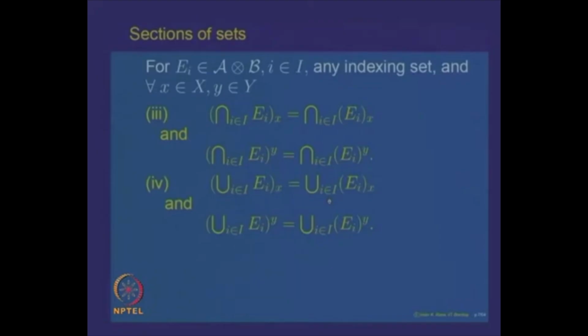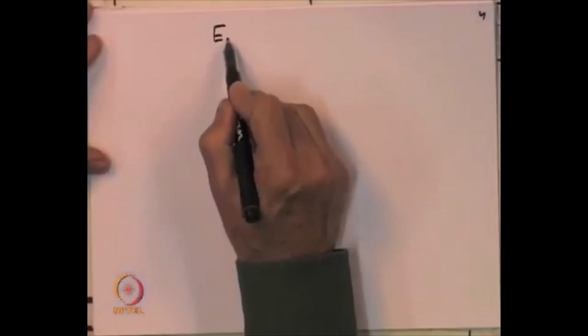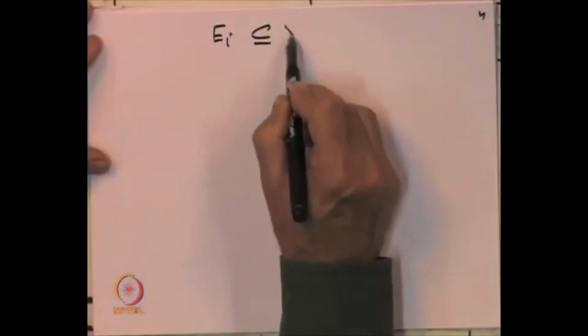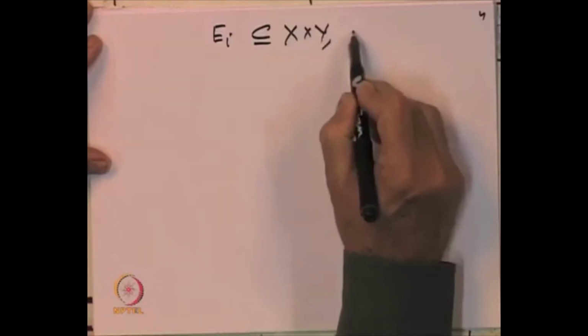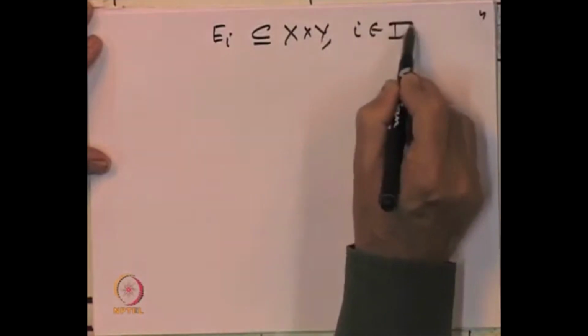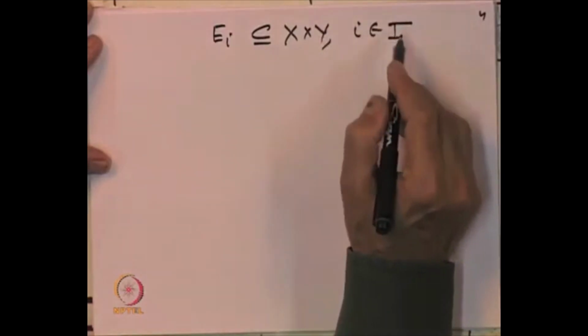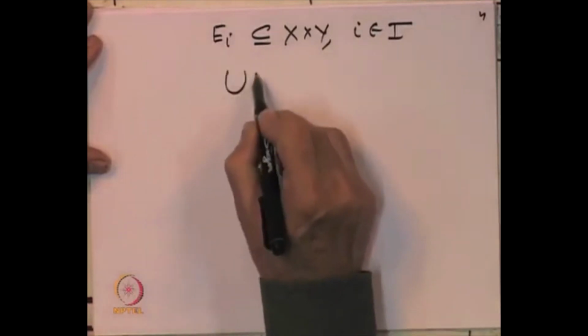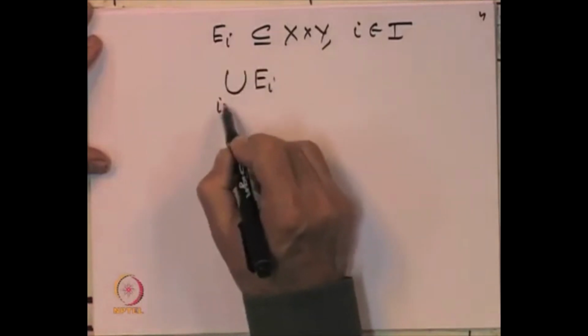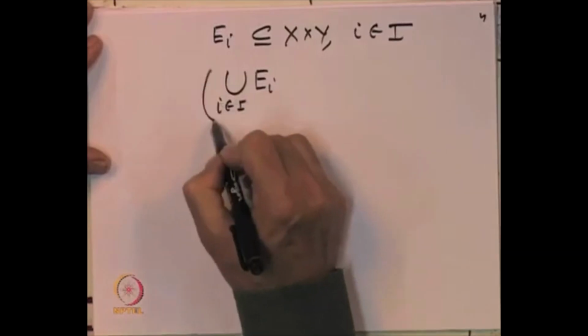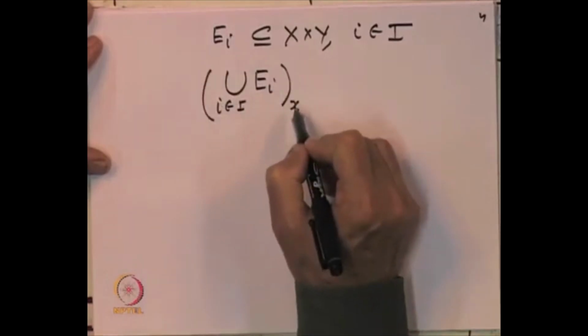So, let us prove that also. Once again the proofs are similar in all these cases, it is pure set theory actually. So, E i's are subsets of X cross Y, where i belongs to I. We want to look at the union of these sets E i, i belonging to I, and then take its section at a point x.